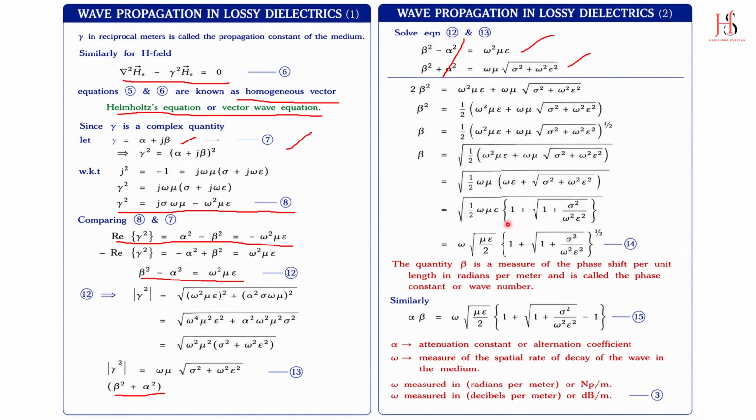Taking the common terms outside and rearranging, we will get beta is equal to omega square root of mu epsilon by 2 into 1 plus square root of 1 plus sigma square divided by omega square epsilon square, the whole to the power of 1 by 2. So here beta is called the measure of phase shift per unit length in radians per meter, and is called the phase constant or phase number.